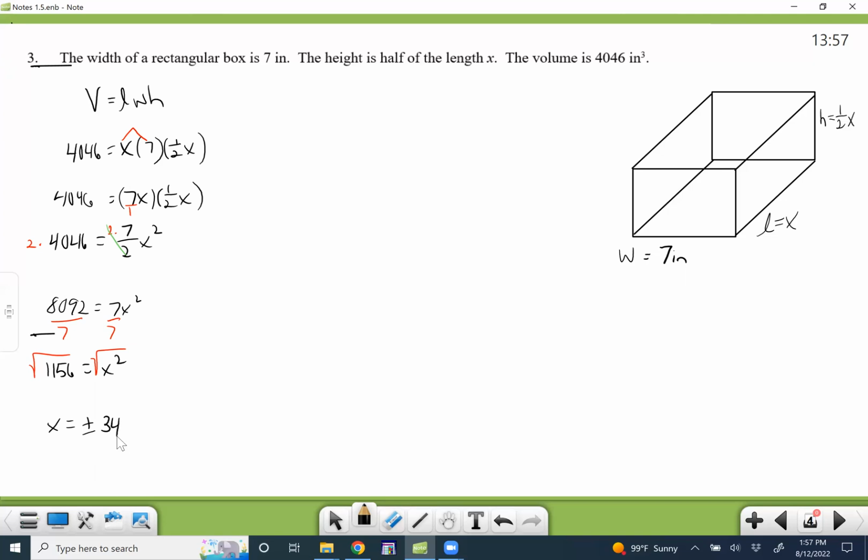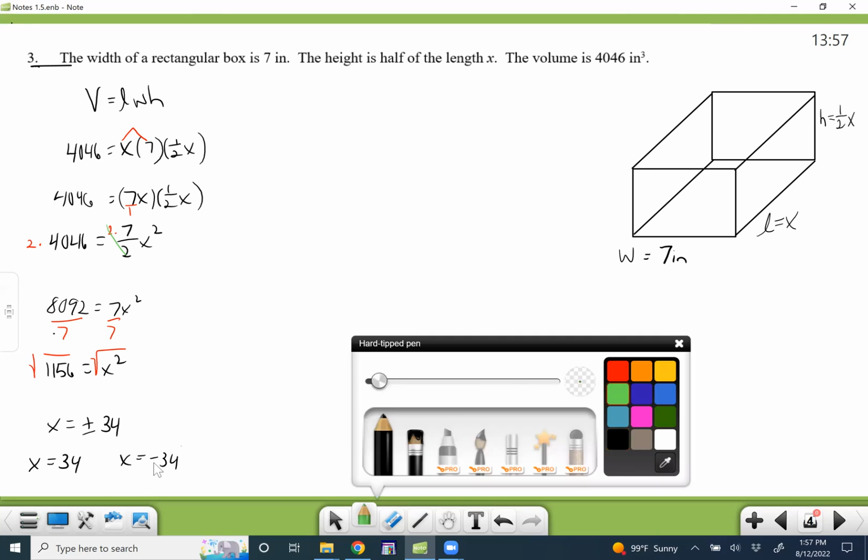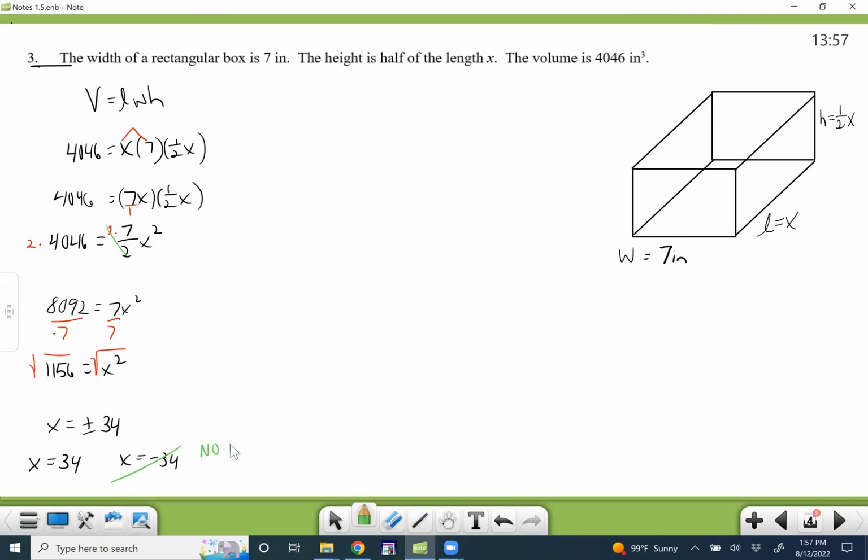But remember that the plus or minus in this case doesn't make sense, because you can't have negative 34 as the length of your box. So we got positive 34 and negative 34, and again, like the last few, there can't be negative heights. All right, so x equals 34.